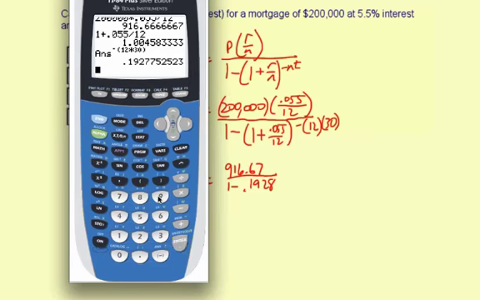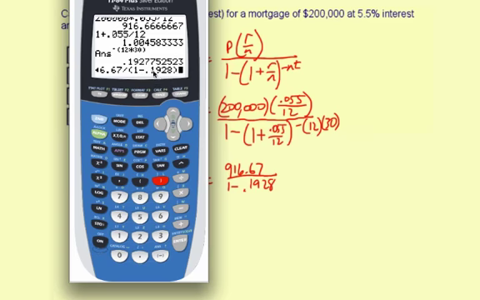Okay, now we'll do 916.67 divided by, and then open parentheses, 1 minus 0.1928. I have to use parentheses here because the calculator would want to divide first, and if it did that, it would do 916.67 divided by 1, and then subtract the 0.1928.